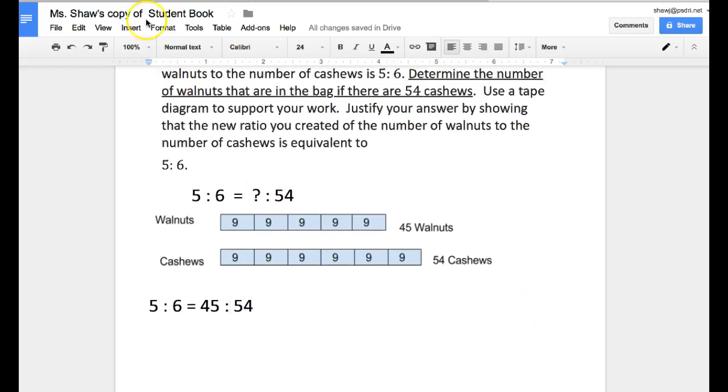So we can say that 5 times 9 equals 45, and 6 times 9 equals 54. And that's how we prove that 5 to 6 is equivalent to the ratio of 45 to 54. Not bad.